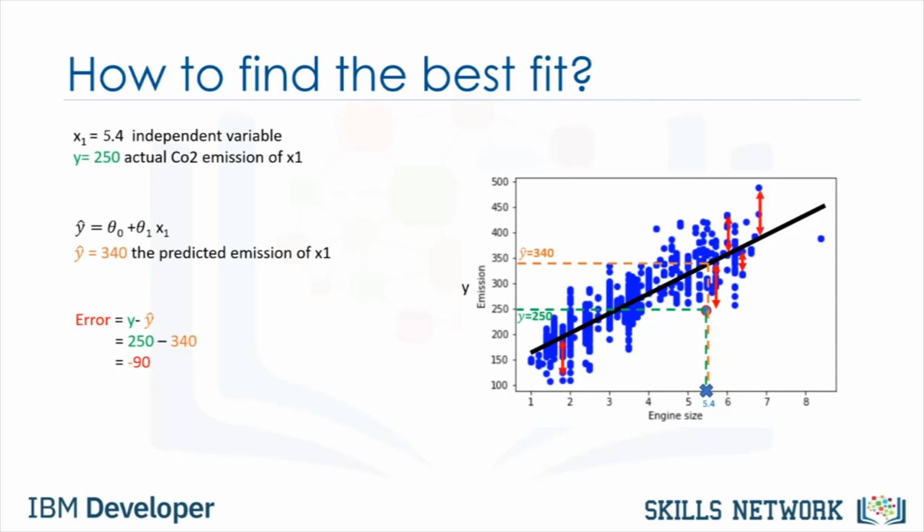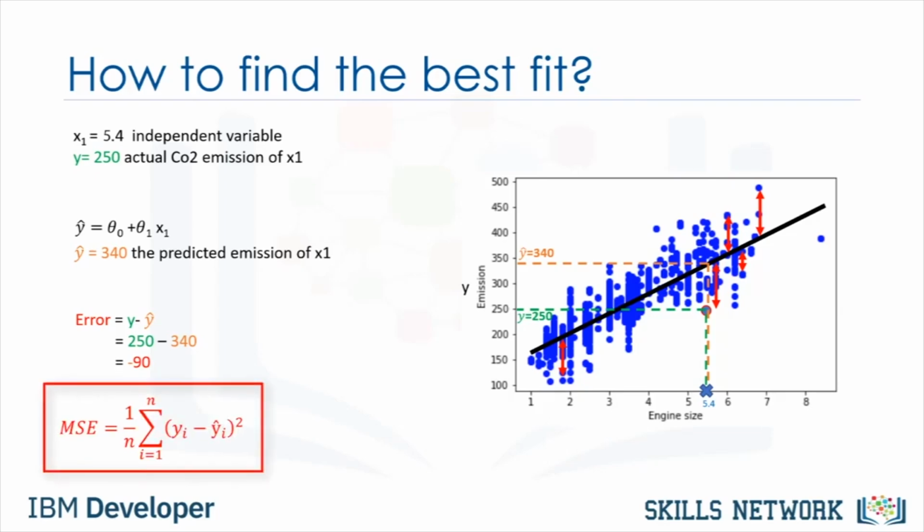The mean of all residual errors shows how poorly the line fits with the whole data set. Mathematically, it can be shown by the equation mean squared error, shown as MSE. Our objective is to find a line where the mean of all these errors is minimized. In other words, the mean error of the prediction using the fit line should be minimized.